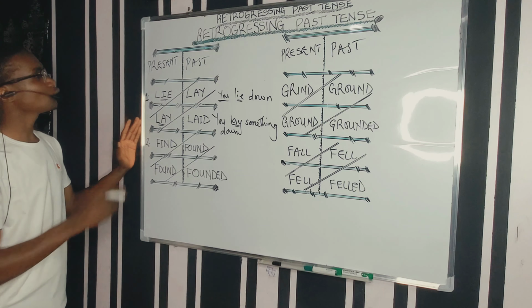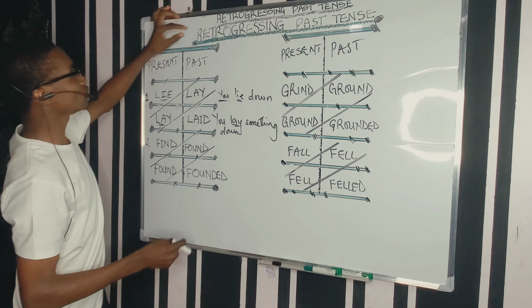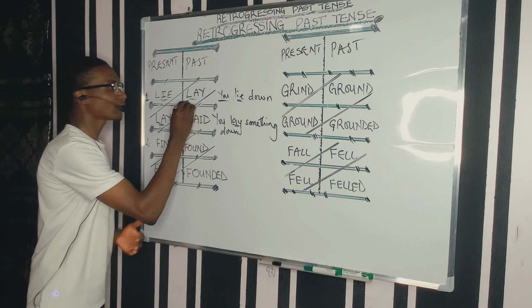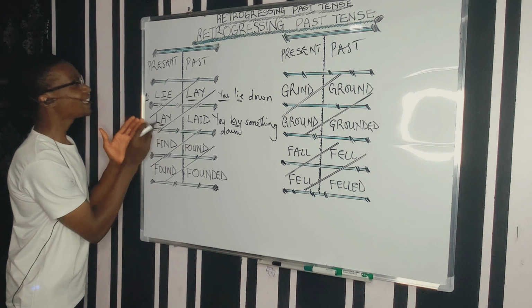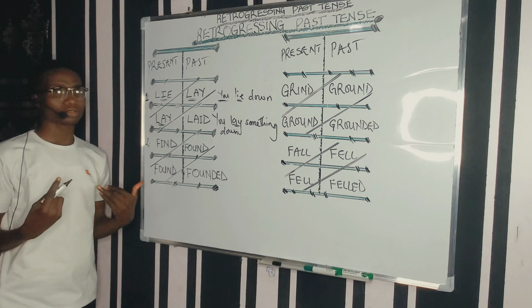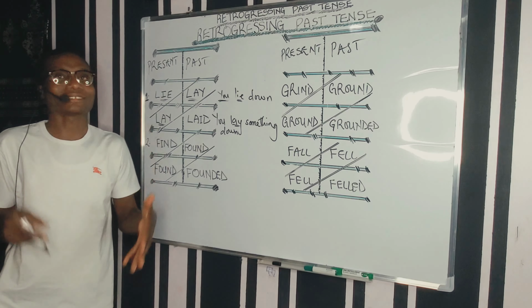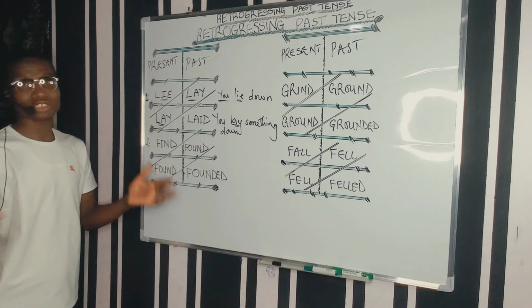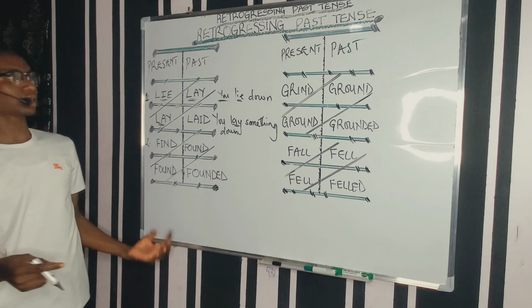Now, you notice the topic is retrogressing past tense. The word retrogressing means to return. Now, lay is functioning as a past tense here, but here lay is returning to a present tense. It is changing its tense, it is changing its state, and we have a whole lot of examples, but I decided to prioritize these.